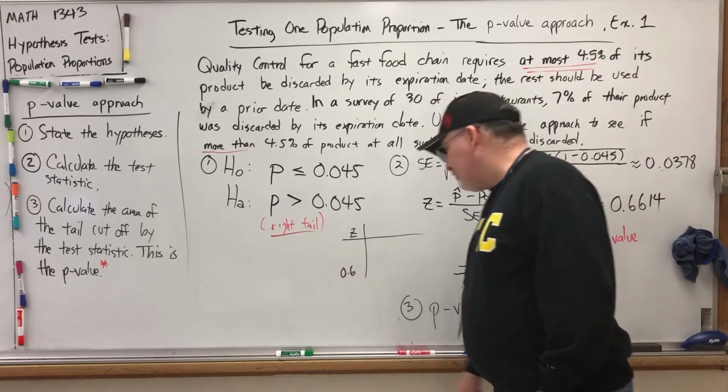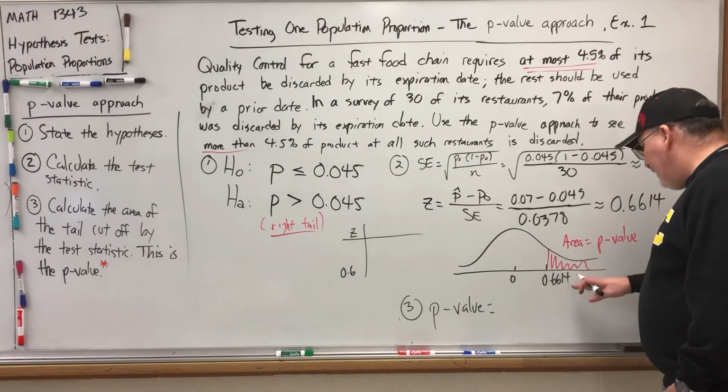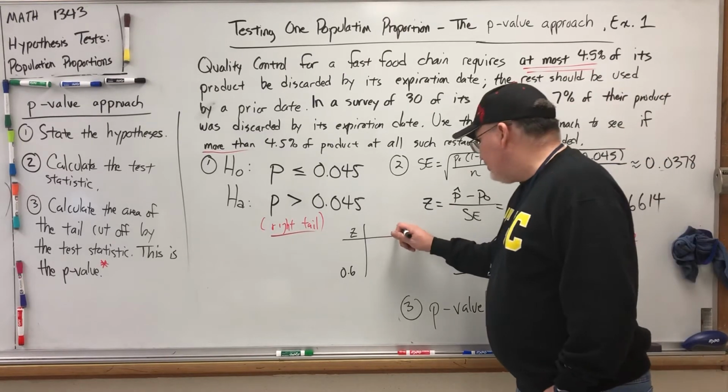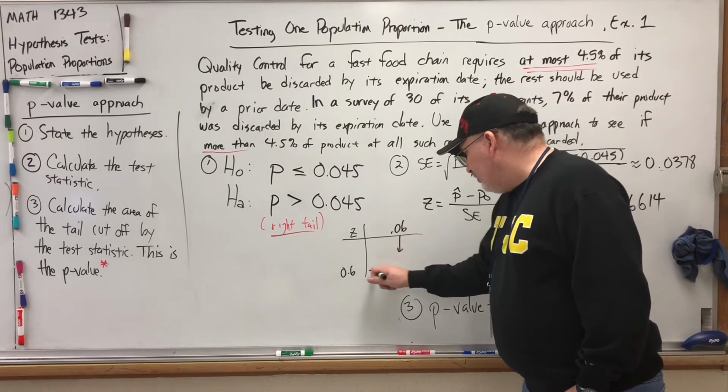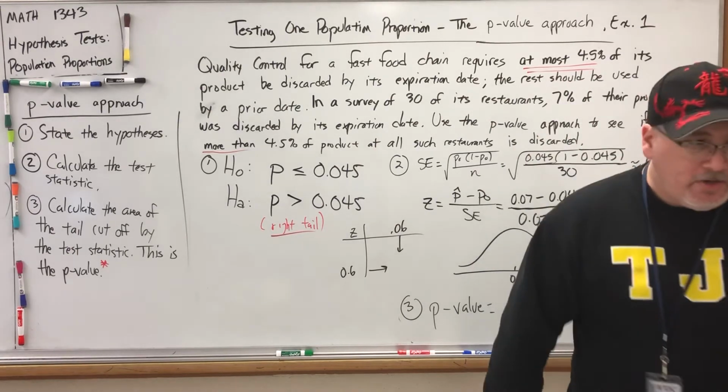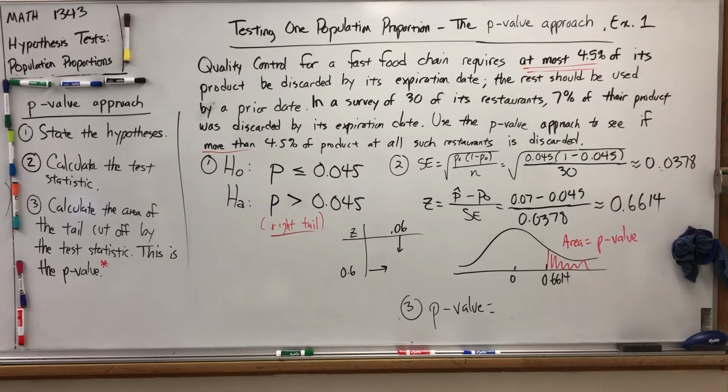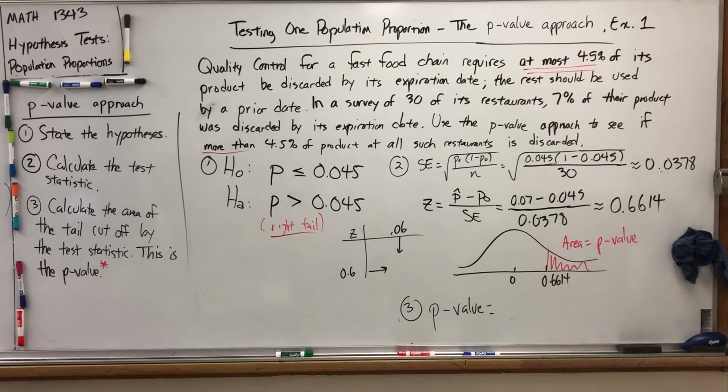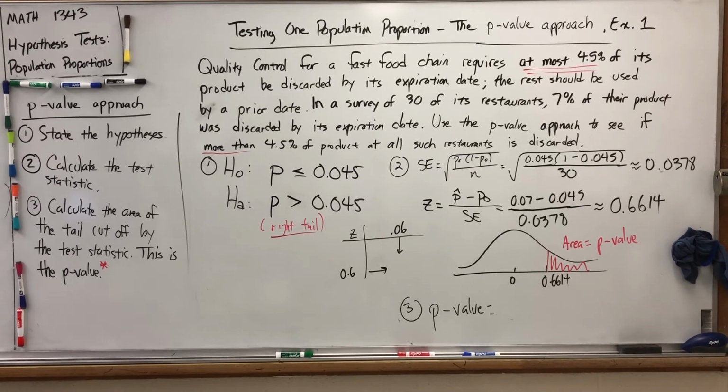So we would go to the 0.6 row, and then the second decimal digit up here, so 0.06, and then we would look down here to see what that area is. But be careful, our z-chart tells us left areas. So if we look up 0.66 in the z-chart, it will tell us the area to the left of that. We want to know the area to the right of it.